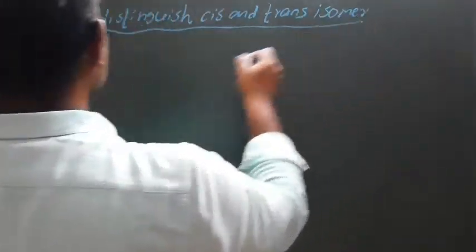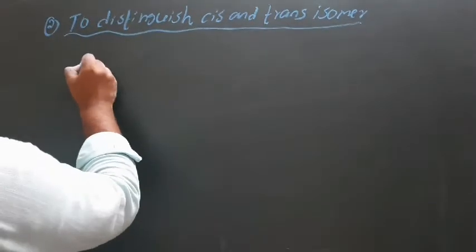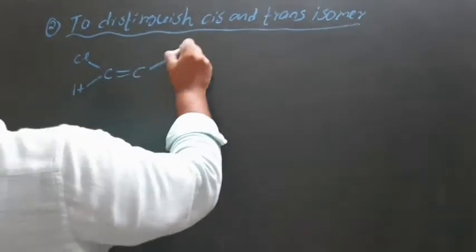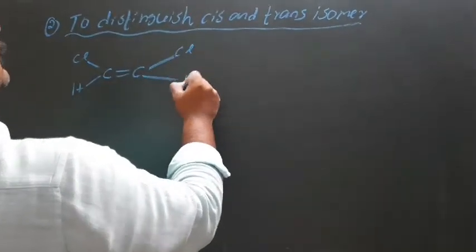Now see here. First I am taking the example here. This isomer is known as the cis isomer.